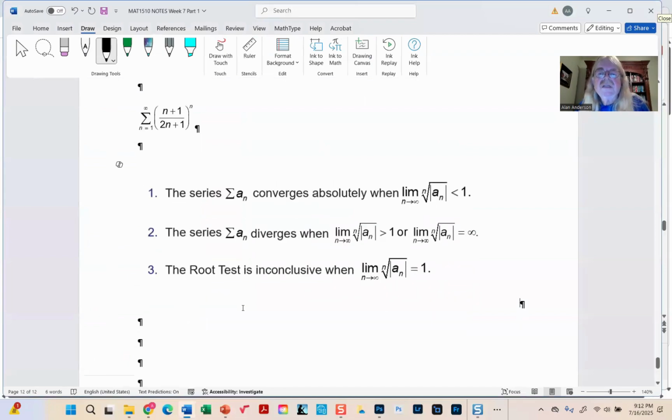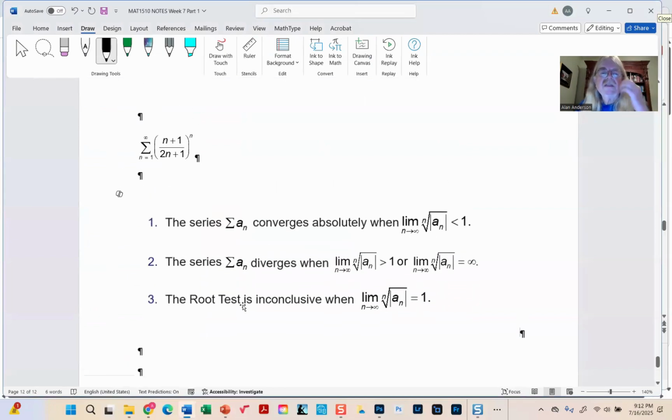So we're going to take the limit. We're going to take the nth root of this ratio. We don't have to worry about the absolute value because clearly those are both positive numbers.